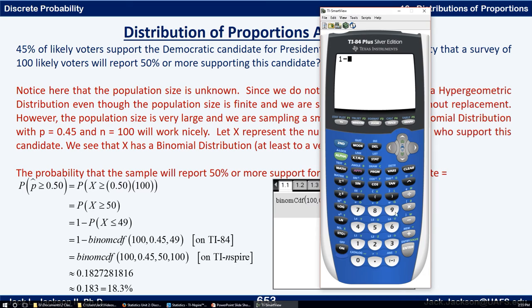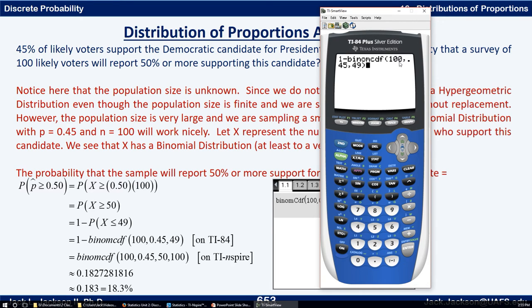We start with the 1 minus, and then we go to distribution, and we up arrow to binomial CDF, which is B. We could have done alpha B if we'd remembered that. The number of trials is 100, the sample size. The probability of success each time, we're going to assume that the 45% is accurate, so we put that there. The x value we want is up to 49. And then hit paste. If you have an older operating system, it'll go straight to here and do 1 minus binomial CDF, open parentheses.